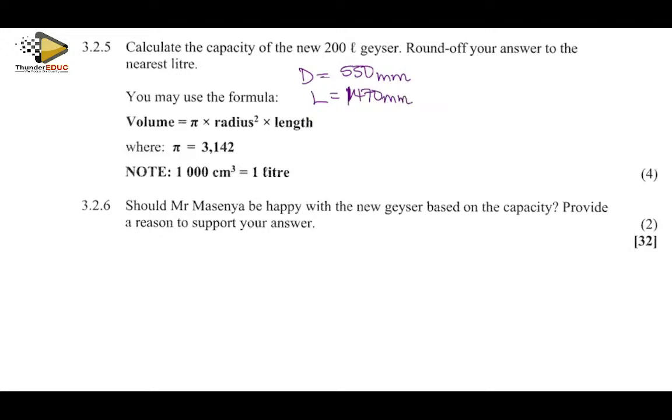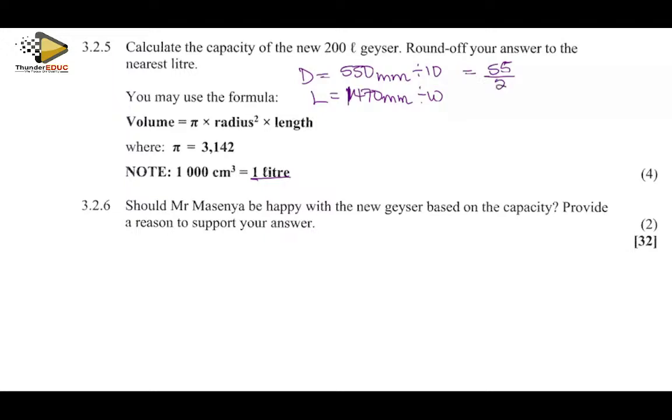The final answer has to be in liters. So what do we do? Since they have given us the equivalence of 1 centimeter cubed equals 1 liter, we also need to change this into centimeters. We divide by 10, divide by 10. Here you end up having 55.